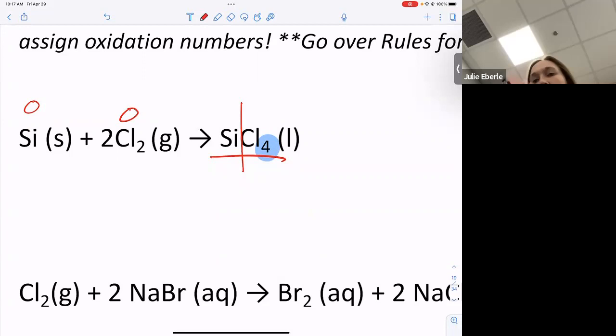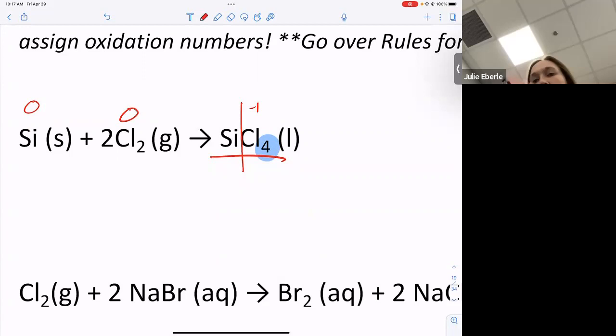So chlorine, what is chlorine if it's an ion? What's its charge? It's main group 7. It's a halogen. So it always has a charge of what? -1. So I'm going to give it an oxidation number that matches that. I'm going to give it a -1. Okay. And I've got 4 chlorines.